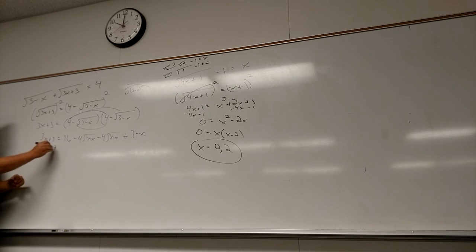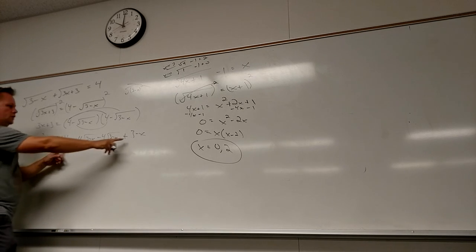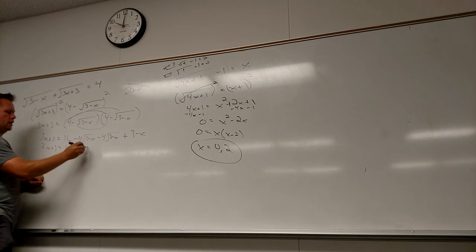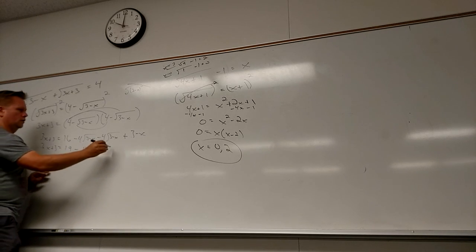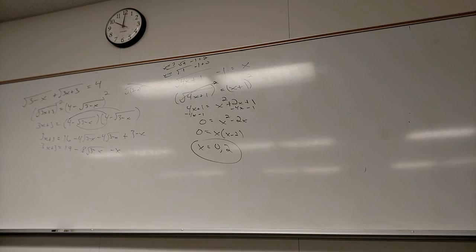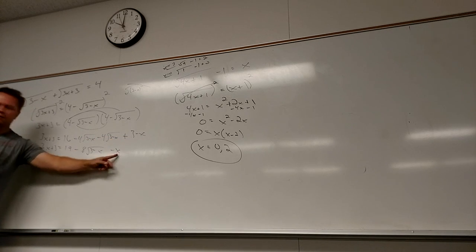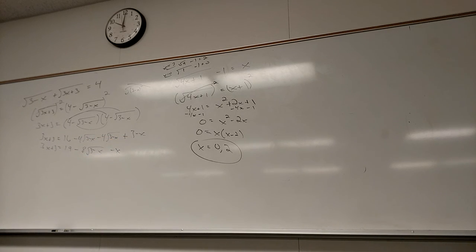Let's get all my like terms together. What do I get over here? 16 plus 3 minus 8 of these radical 3 minus x terms, minus x. Is that cool? Getting my like terms, the numbers, the radical 3 minus x, and poor little minus x all by himself. Which term has a radical in it?